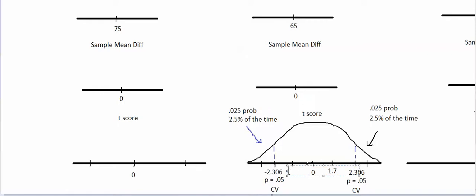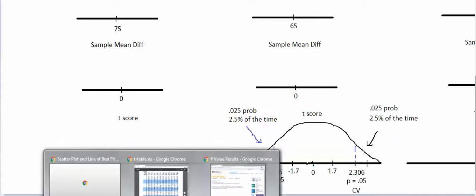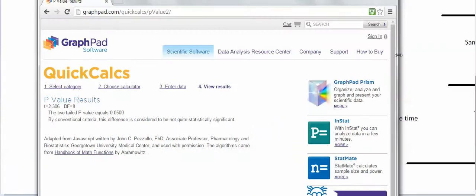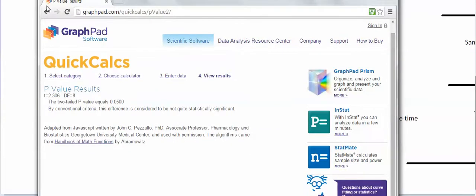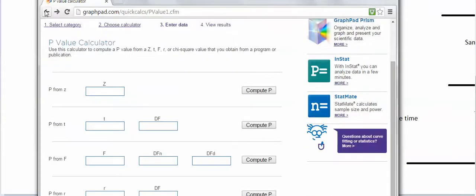Whichever number you pick, put the opposite right here. Then go to the p-value calculator and enter in your new number. I picked 1.7, so I would say 1.7.